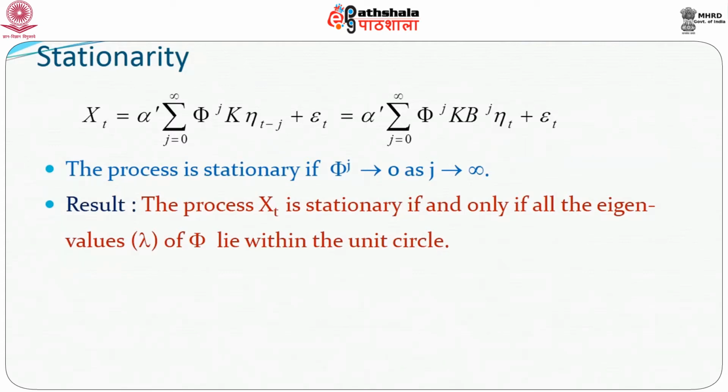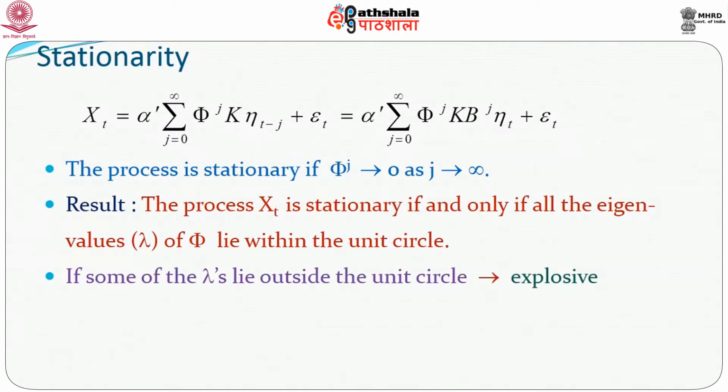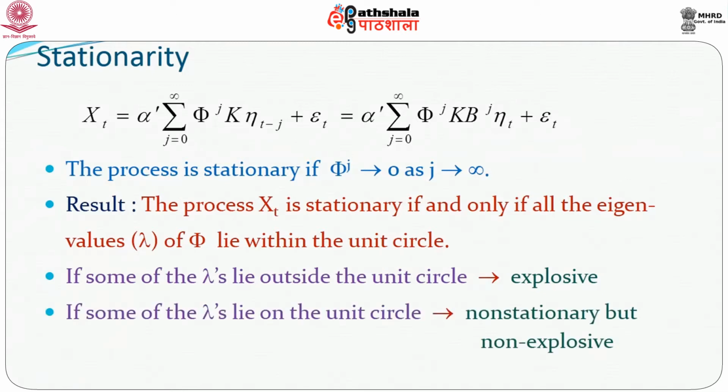The process is said to be explosive if some of the lambdas lie outside the unit circle, and if some of the lambdas are on the unit circle, we say that the process is non-stationary but non-explosive.